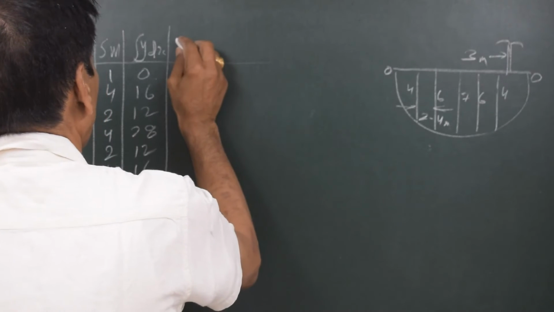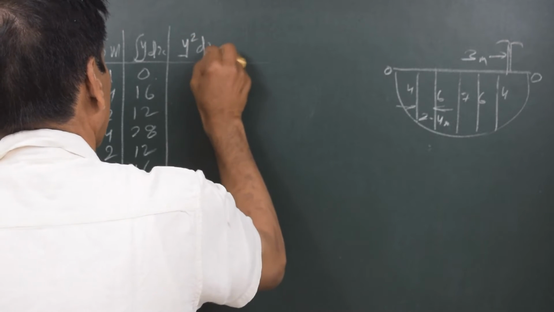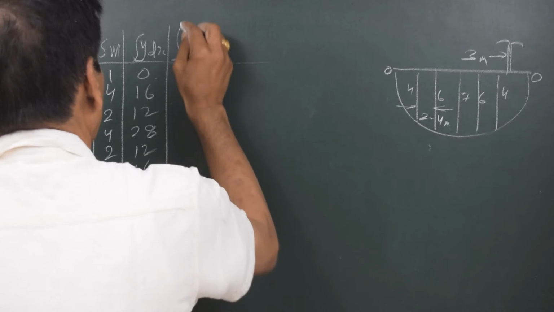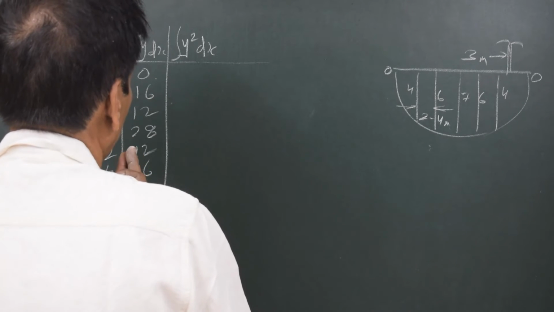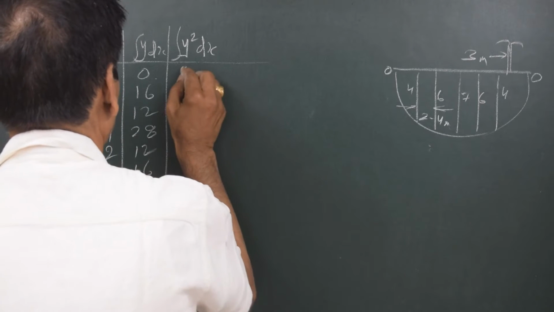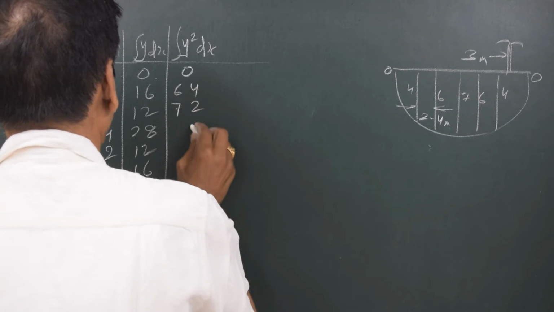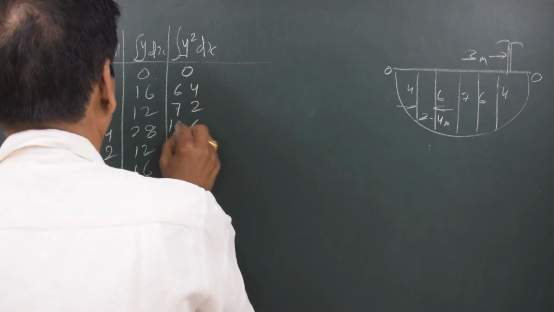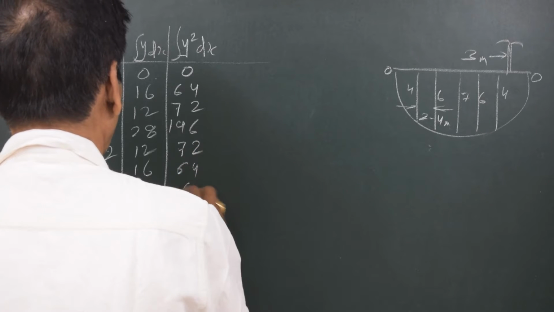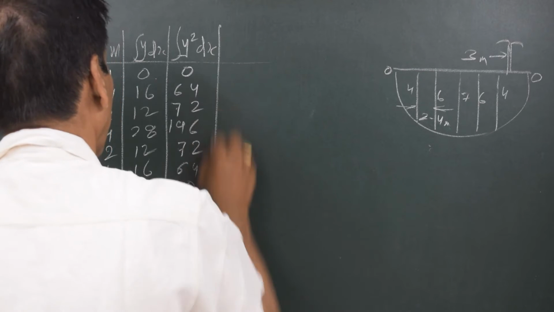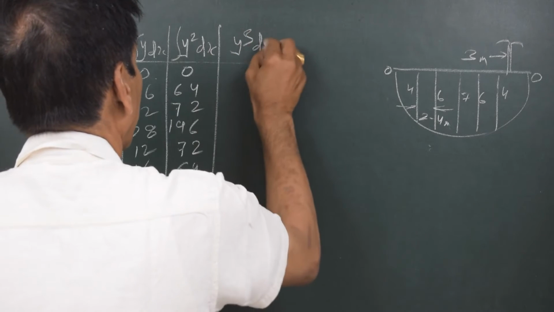This column is for moment of area, and I would write it as y square dx. That means it is the multiplication of column number 3 and column number 1: 0, 64, 72, 196, 72, 64, and 0. Last column, that is the fifth column, is y cube dx.